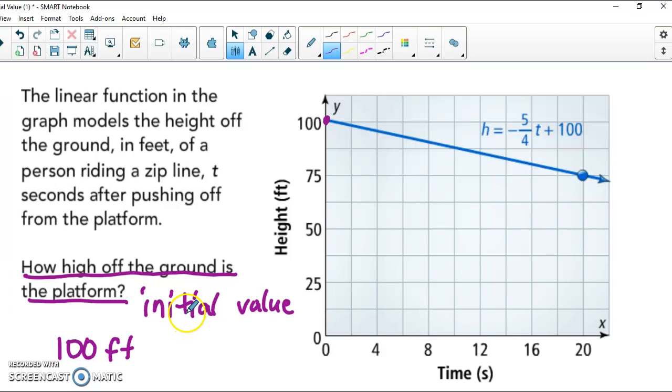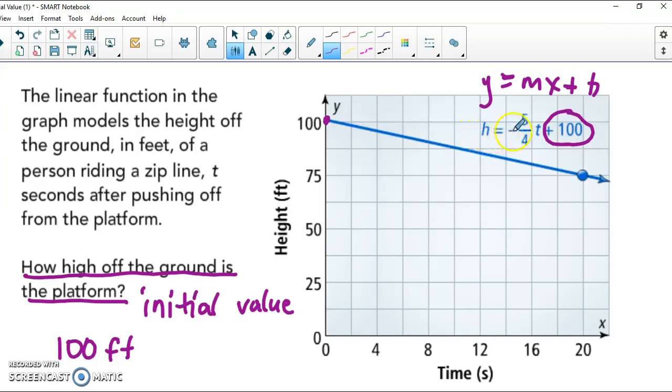I also know that my initial value in an equation is the b, y equals mx plus b. Now notice I'm using different variables, but h is replacing my y and t is my x. I'm just using h for height and t for time because it's more specific to this situation, but it still represents the same idea.